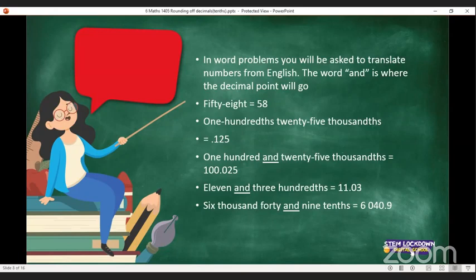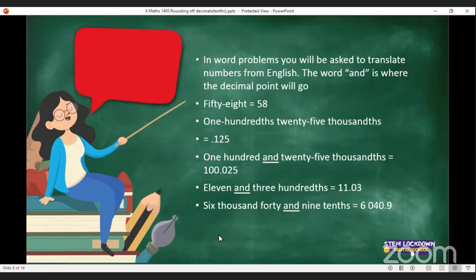So the "and," when you're given the word problems, it only represents the decimal point. So you're given 6,040 and 9 tenths, so you will write 6,040.9. Remember, there's no ones after the decimal point. It starts from tenths, the hundredths, and the thousandths. Okay, there's no ones. So the 9 represents the tenths.